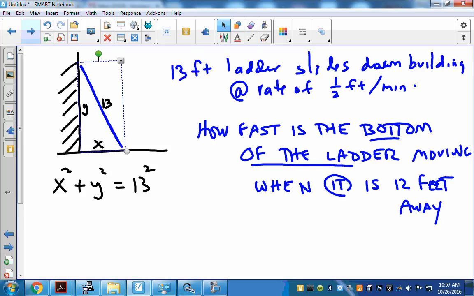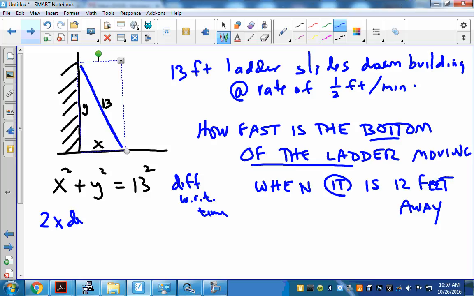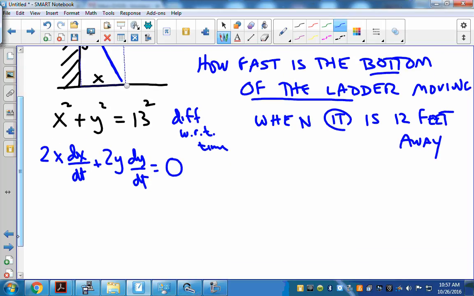Because x and y are both changing with respect to time, we can differentiate with respect to time. So we have 2x dx/dt plus 2y dy/dt, and the derivative of 13 squared is 0. Right? Derivative of a constant is 0.